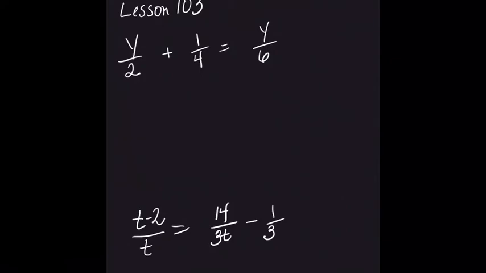So our first step is going to be to multiply each term by the least common multiple. I remember when we did this before in lesson 78, a few of you had a hard time multiplying by the least common multiple.